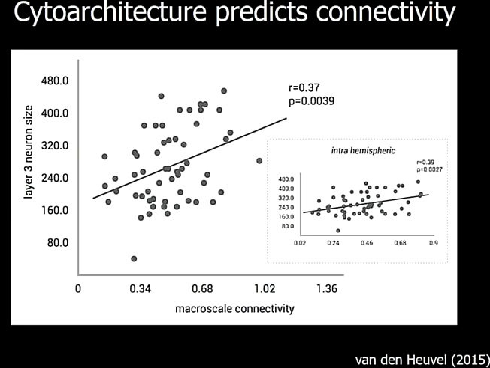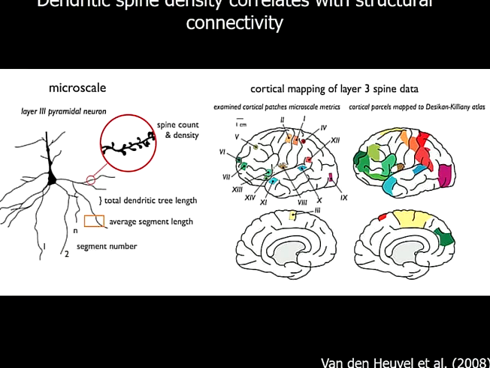So this is histological data plotted onto a brain and then correlated against the tractography findings. And what you get here is a positive correlation between the size of the neurons in layer 3 and the connectivity, layer 3 being a major area of connectivity. There are also strong correlations between dendritic spine density and structural connectivity.